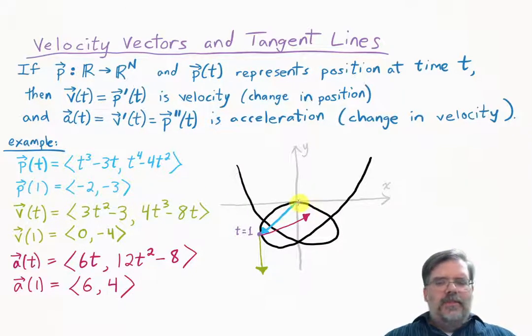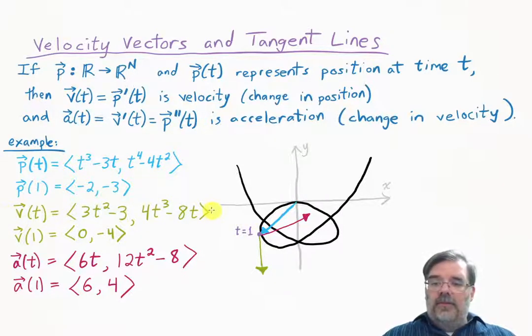So what you can think of that as is imagine drawing a vector with its tail at the origin, in the direction negative 2, negative 3, that points to a position on the curve. And so p of 1 is a vector pointing to a point, which indicates a position on our curve.